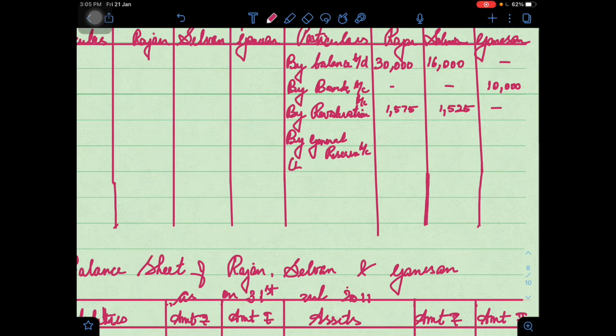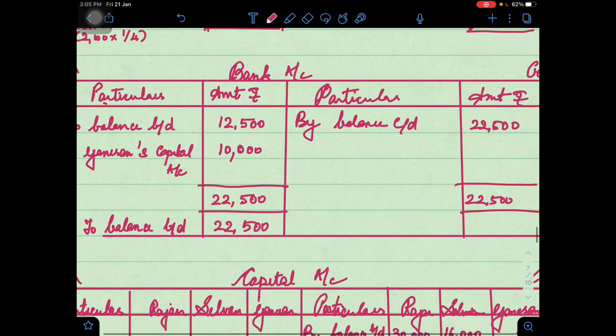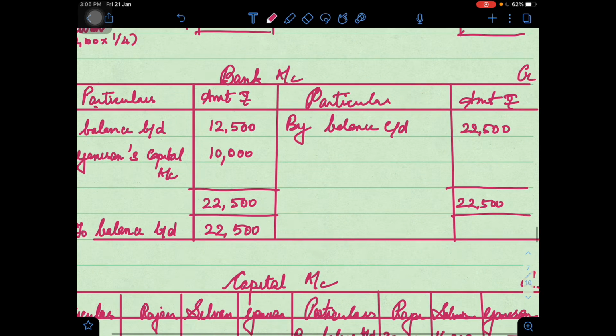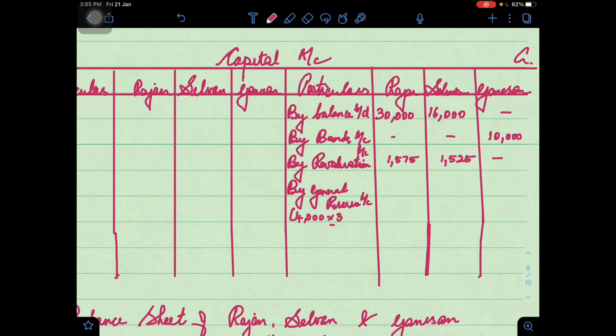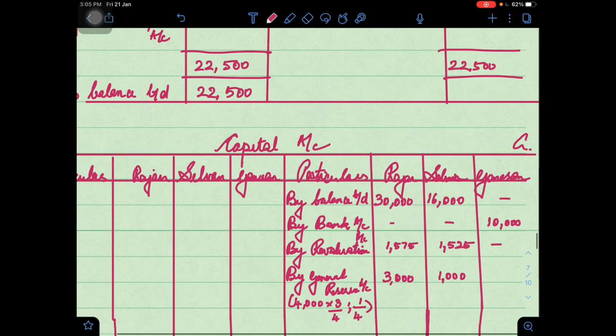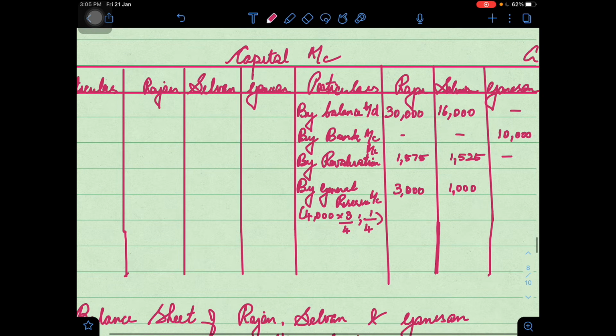The problem says the ratio is 3:1, that is 3 by 4 and 1 by 4. The value is so simple, it's going to be 3,000 and then 1,000 respectively. It is just 3,000 and 1,000.